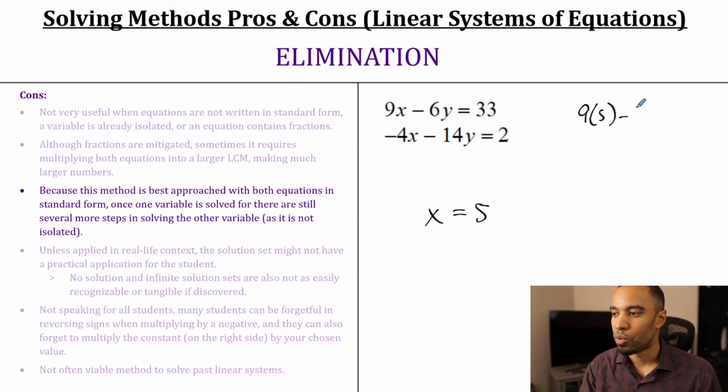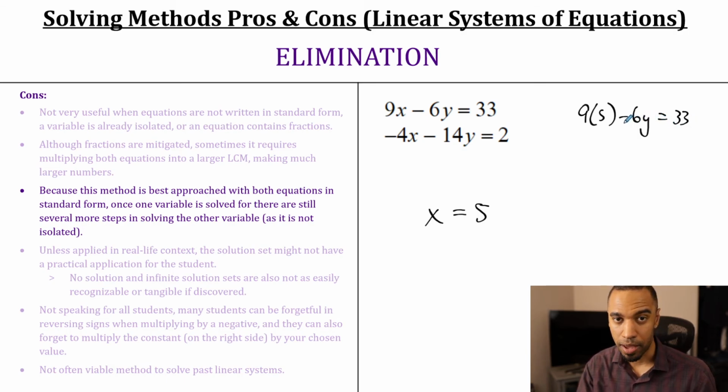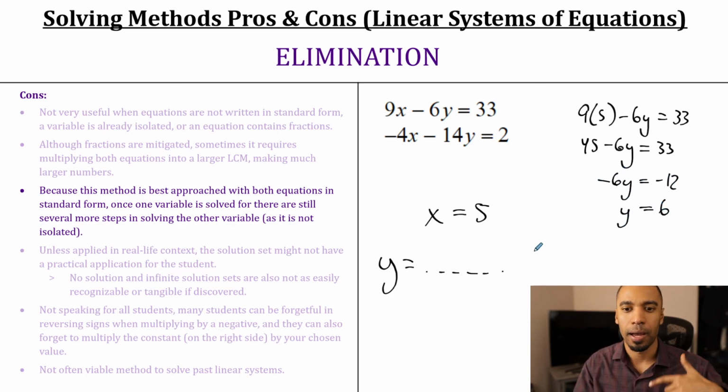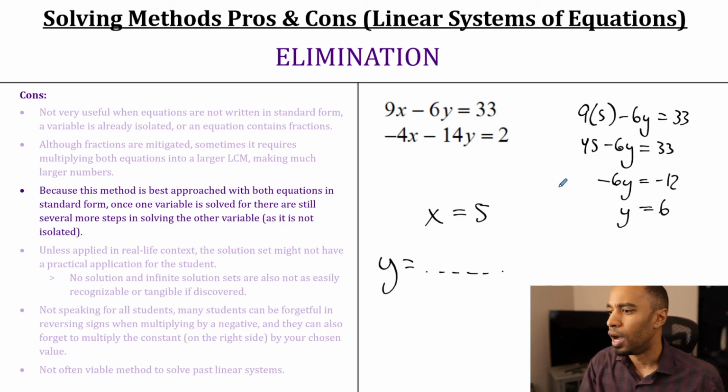All right. So unlike the substitution method where you already have a y equals equation ready to go and plug that 5 in, here, after multiplying this, you gotta move it over, and then you gotta do the division. Again, not the biggest hassle in the world. But look, I'm not saying these are the answers or not. I have no idea.